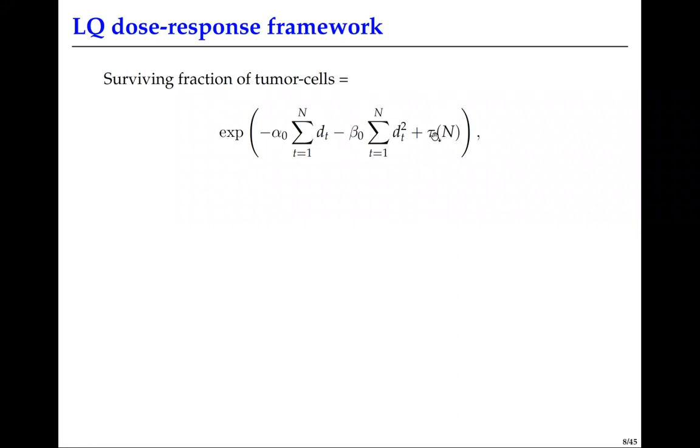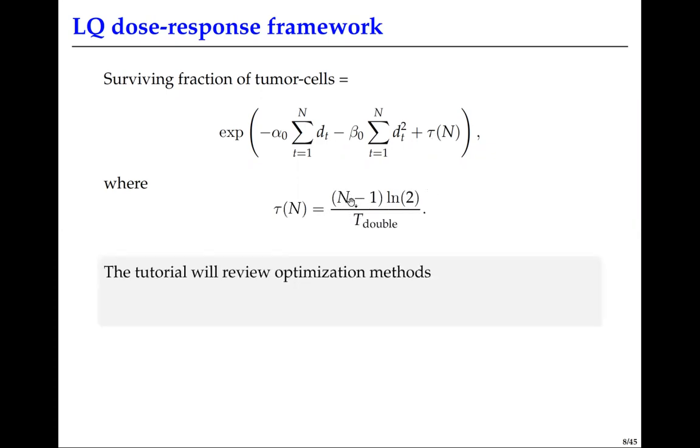Tau n here is the so-called proliferation term. Remember, I mentioned earlier that the tumor actually grows during the treatment course. And the commonly used formula for this tau of n is tau n equal to this form. Here in this form, T double is the doubling time.